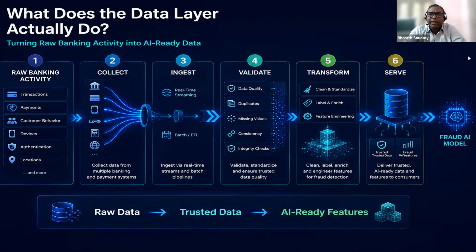The raw banking activity is the original information generated by banking activity, for example, customer transactions, payments, login activity, internet or mobile banking activity, ATM withdrawals, card activities, and device information.